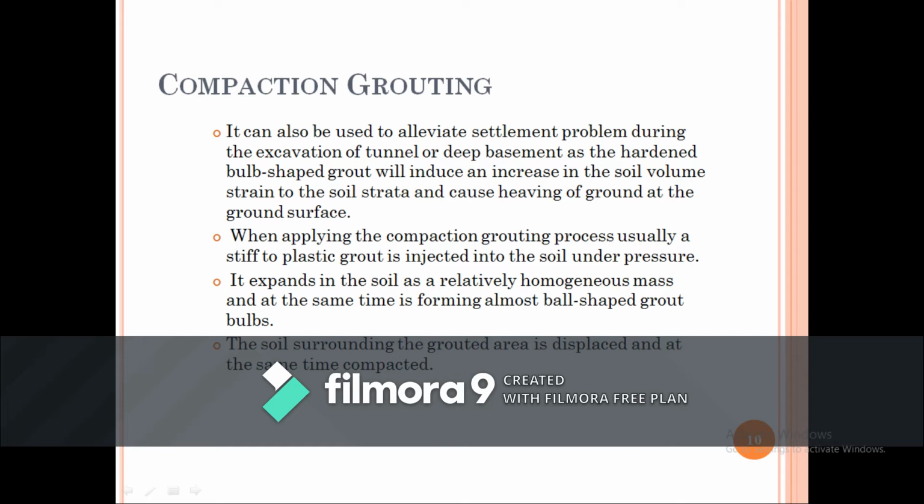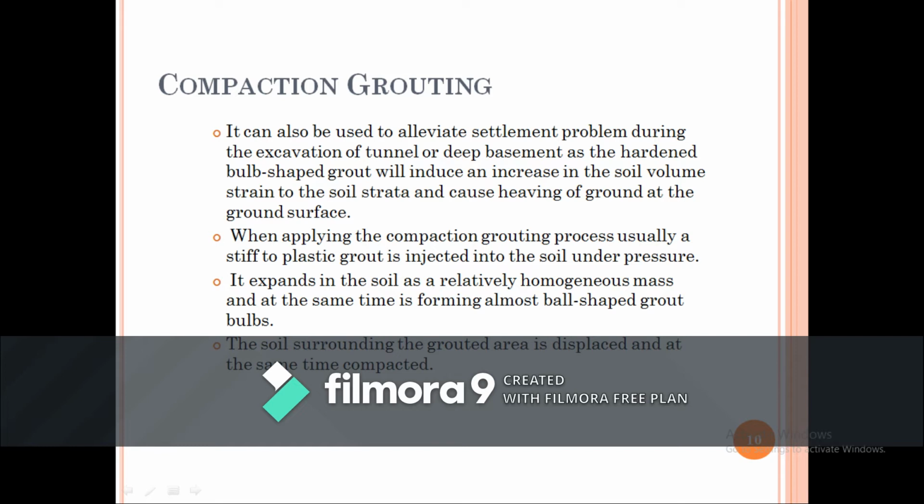When applying the compaction grouting process, usually a stiff to plastic grout is injected into the soil under pressure. How are you going to do this? You are going to use a stiff or plastic grout. Always remember, when this grouting has to be done, it is a stiffened mass, with very little water added to the chemical, or in a semi-solid state, that you inject into the soil, because you are doing it with pressure.